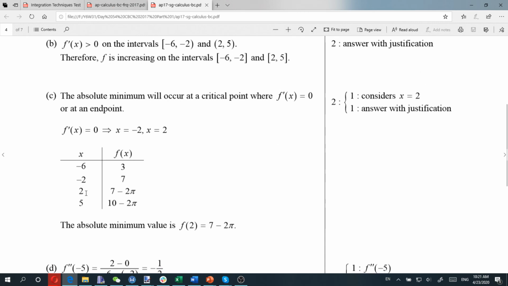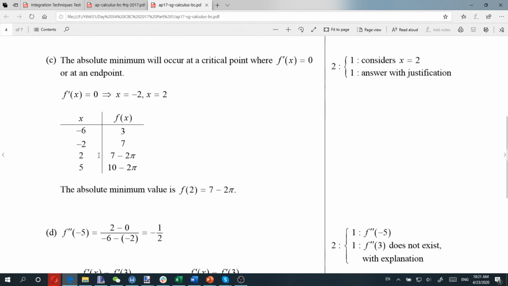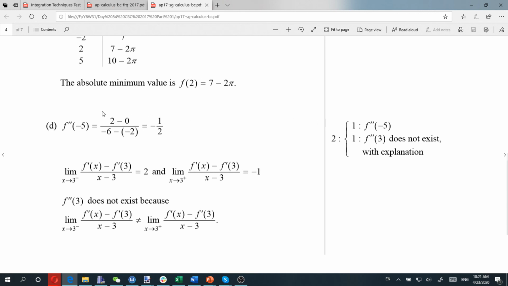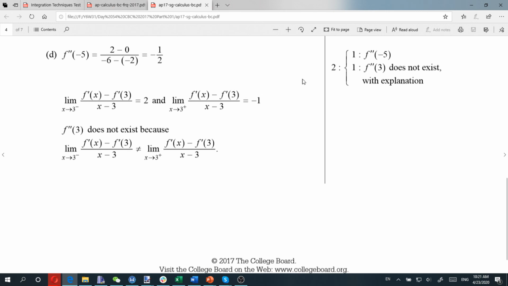Considers x equals 2. Okay, and then answer with justification. Absolute minimum value here because we tested our critical point and endpoints. Okay, we should be good. Just the value of f prime of negative 5 and then f double prime of 3 doesn't exist with our explanation. We should be good. Okay. So I think we would have gotten full credit for that. Yay.